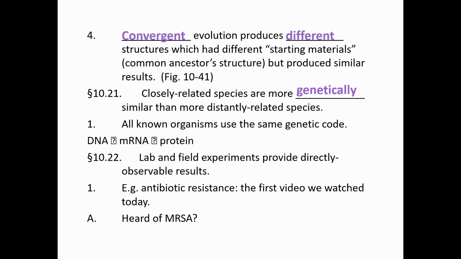Antibiotic resistance is a problem we are facing today and is a direct result of evolution in action, in that we are using antibiotics to cure us of illnesses that are bacterial, and bacteria are responding to that by developing traits, or populations, I should say, of bacteria are developing traits that allow them to survive even in the presence of antibiotics.